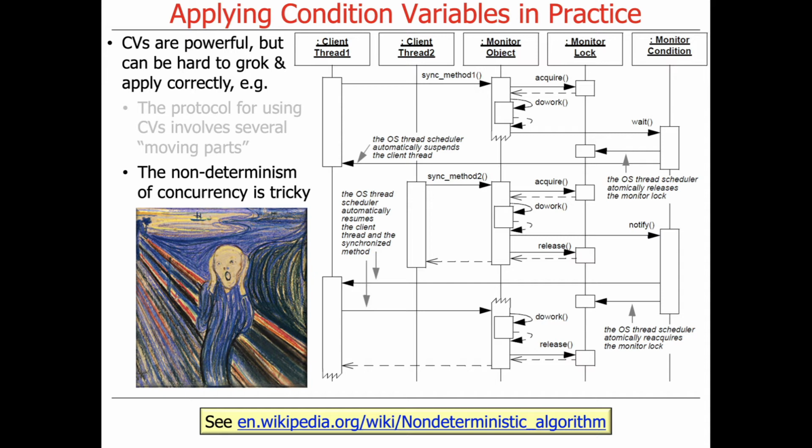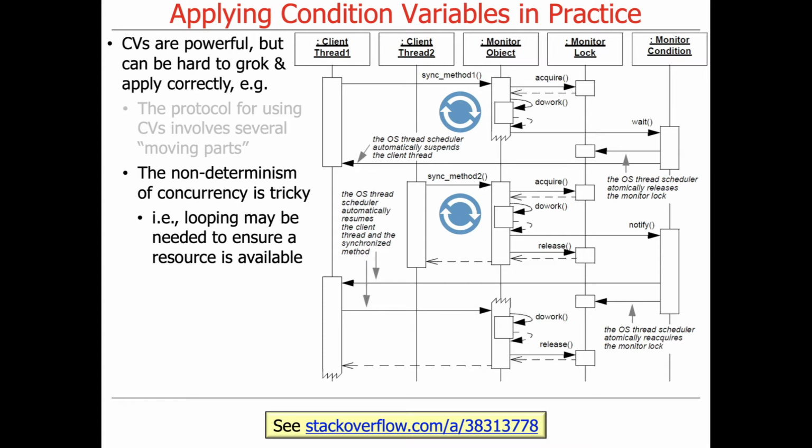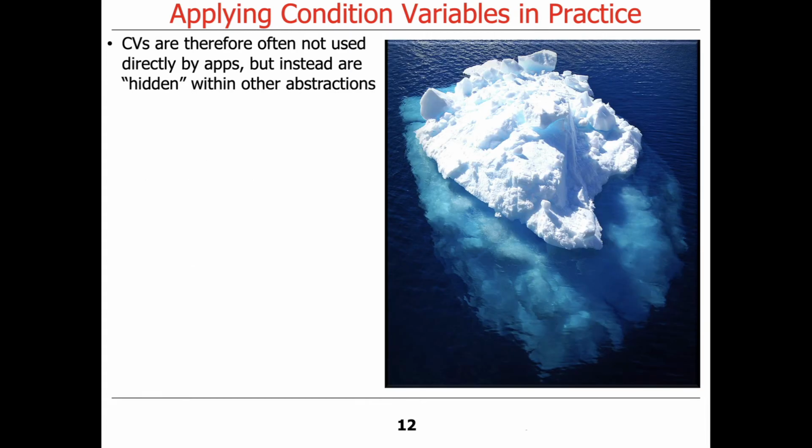When you understand the idiom, it's easy, but if you don't, you won't understand why you write the code like that, and you'll make mistakes. The main way you solve the non-determinism of concurrency is by using loops, typically a while loop: with the monitor lock held, while the condition is not satisfied, condition await. That's the idiom.